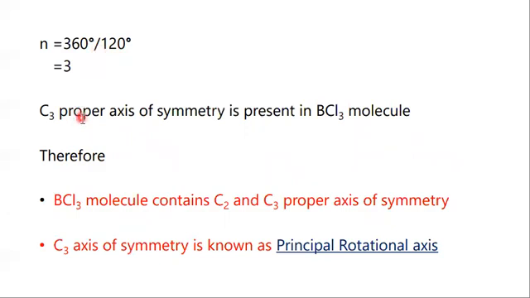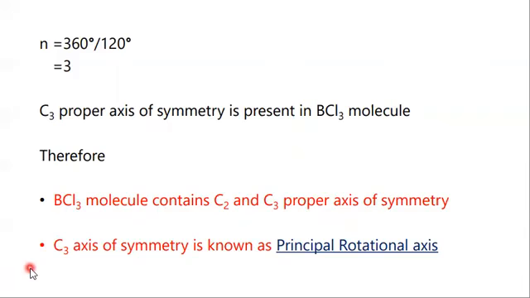So we say a C3 proper axis of symmetry is present in the boron trichloride molecule. Therefore, in conclusion, boron trichloride has both C2 and C3 proper axes of symmetry.